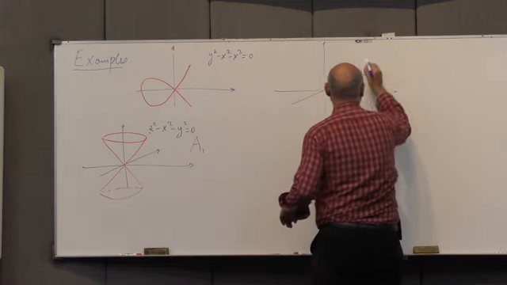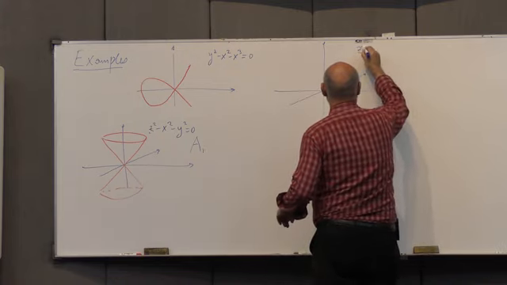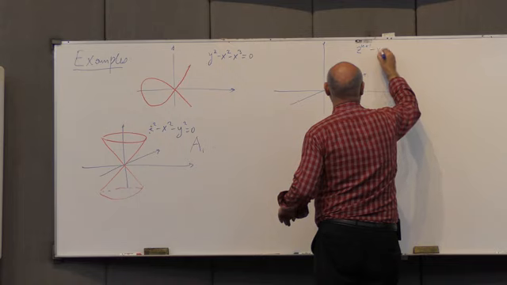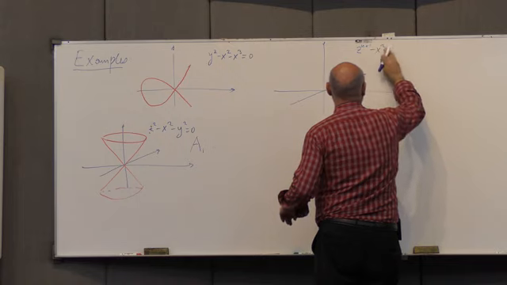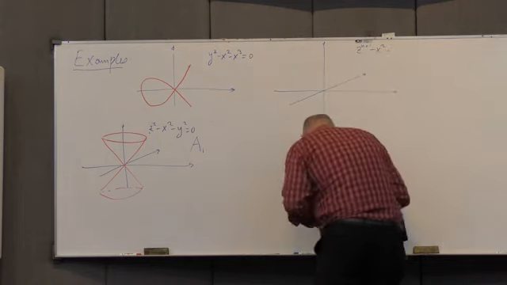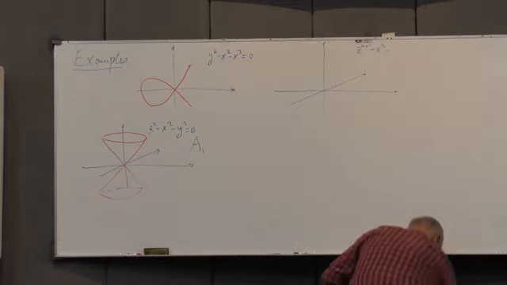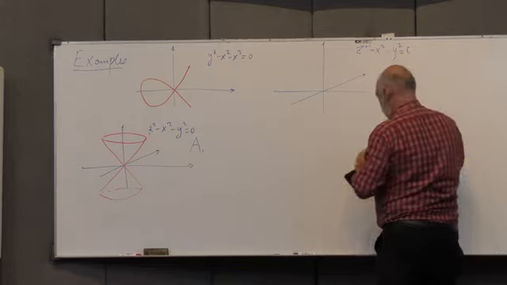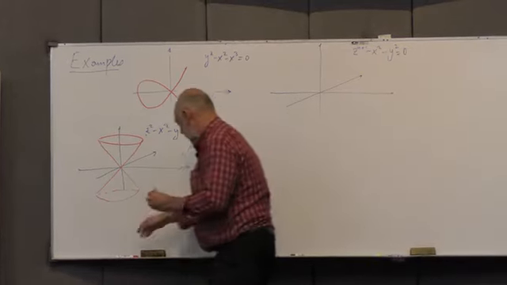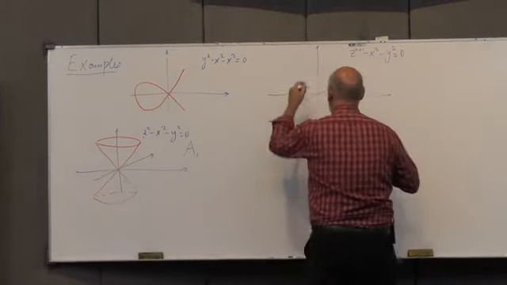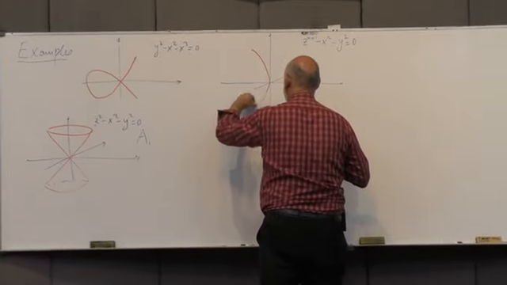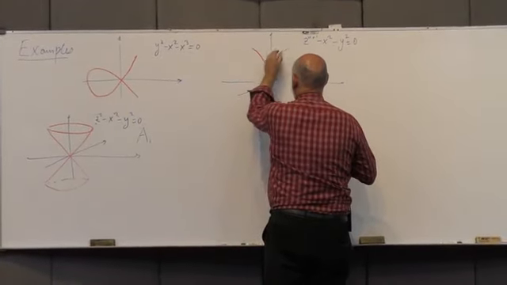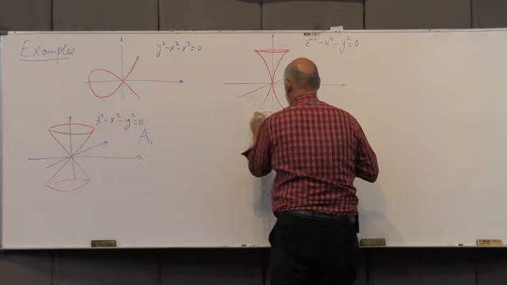I just know how to write down the equation. So I guess it looks something like this. It looks similar but thinner. Yeah, I don't really know how to draw this well, but okay.